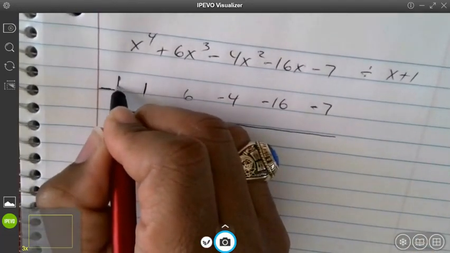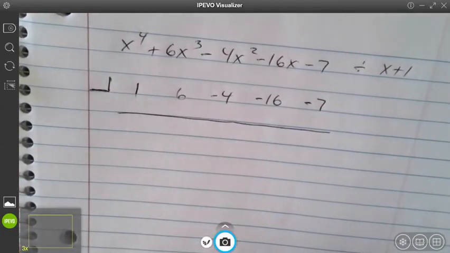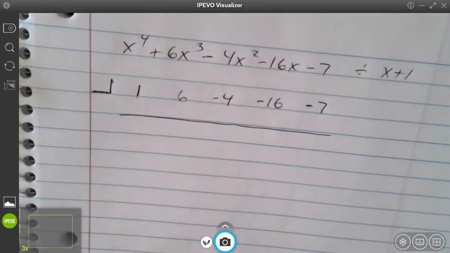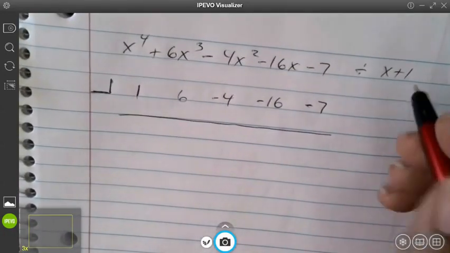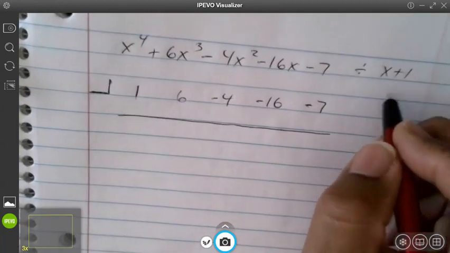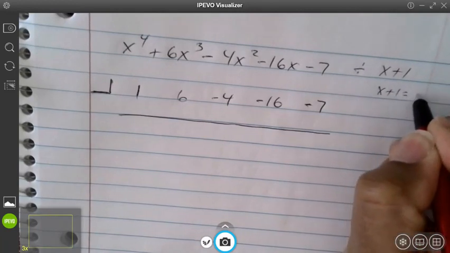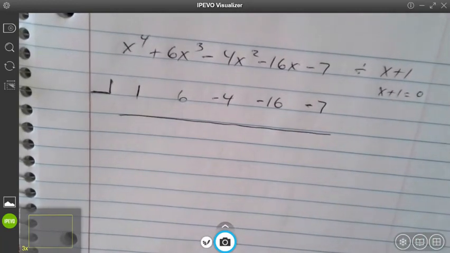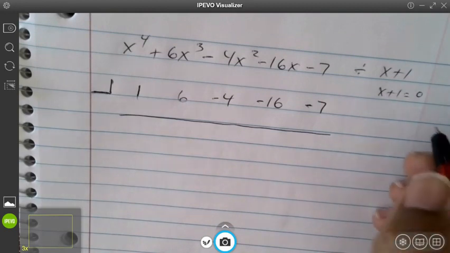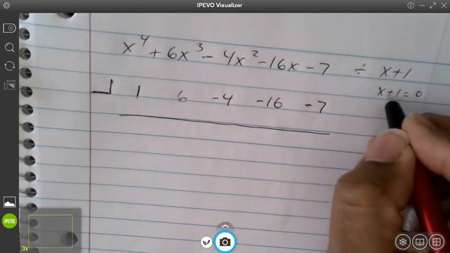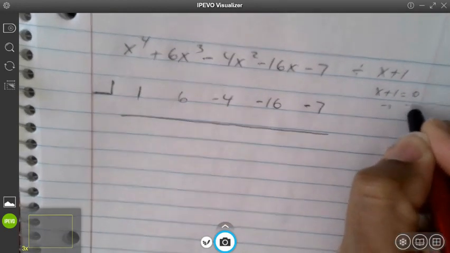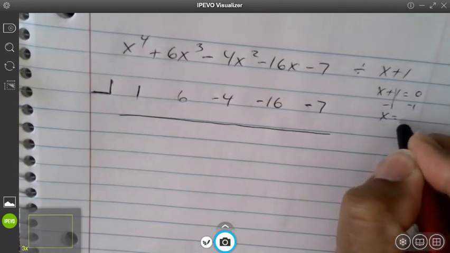Now, when we divide doing synthetic division, you want to divide by the solution of the divisor. What I mean by the solution is if I set x plus 1 equal to 0 and solve for x, remember the opposite of adding 1 is subtract 1. x equals -1.